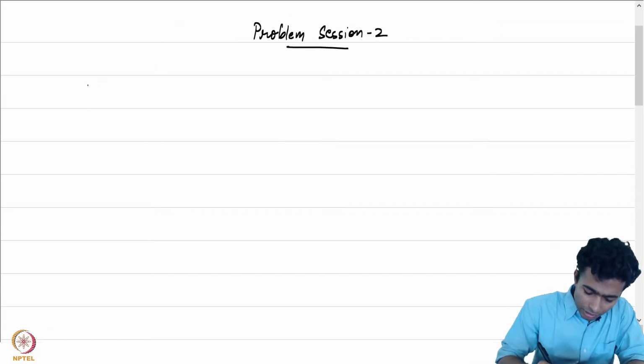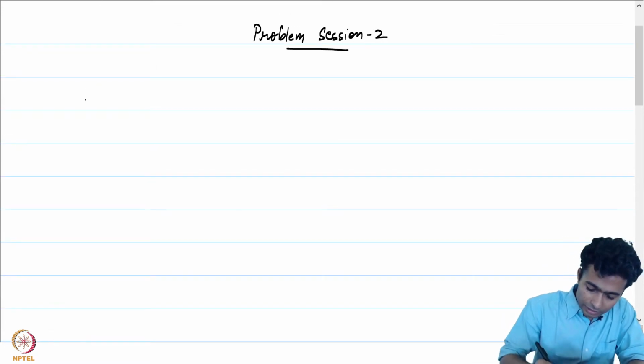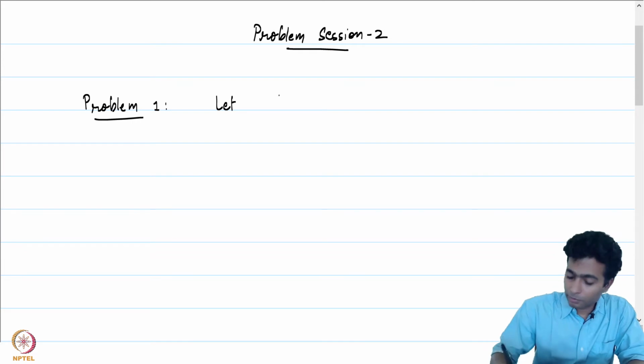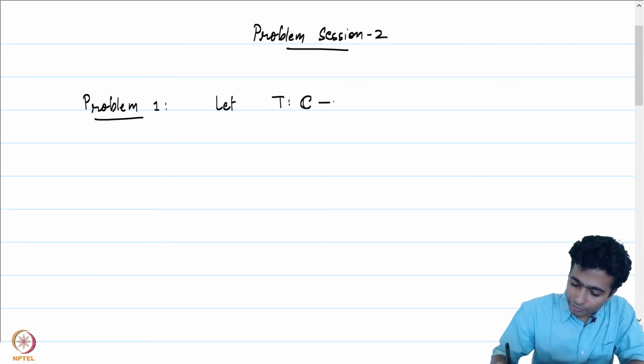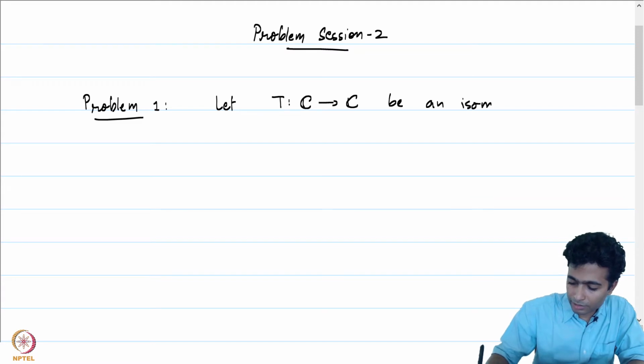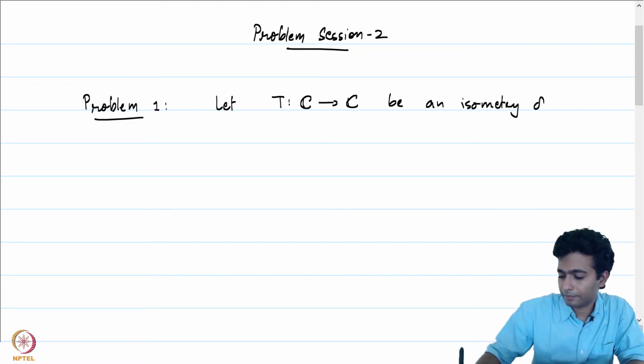We have essentially done all the hard work. Let's finish the complete characterization through this problem. The first problem: let T be a map from C to itself, an isometry of the complex plane.